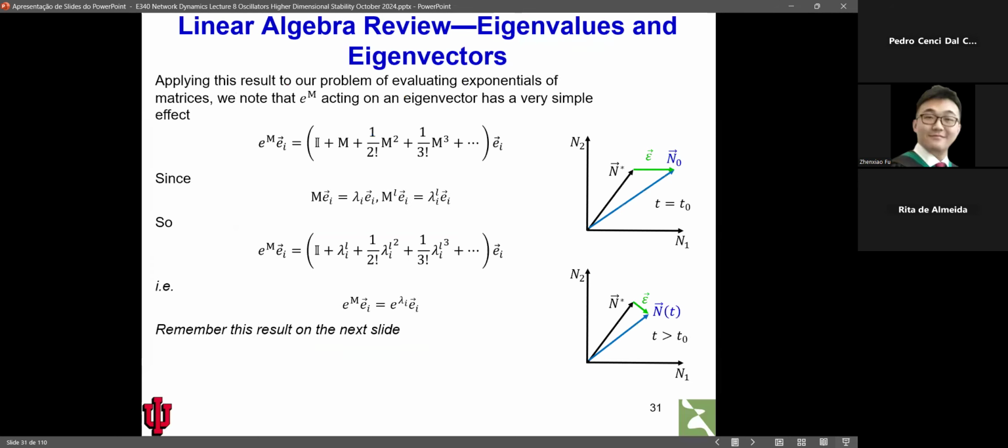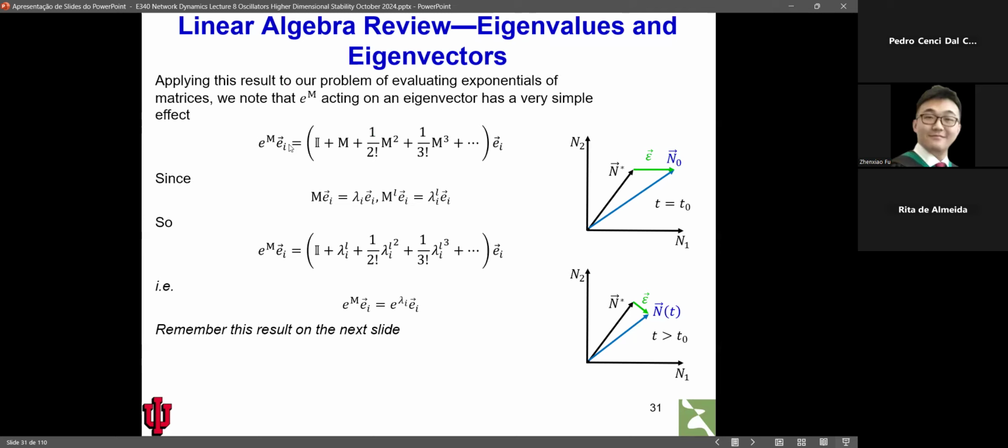So let's go back to M applied to EI, which you remember we had when we started looking at eigenvalues and eigenvectors. We had this problem that is the Jacobian times epsilon that you have to put there in the equation.